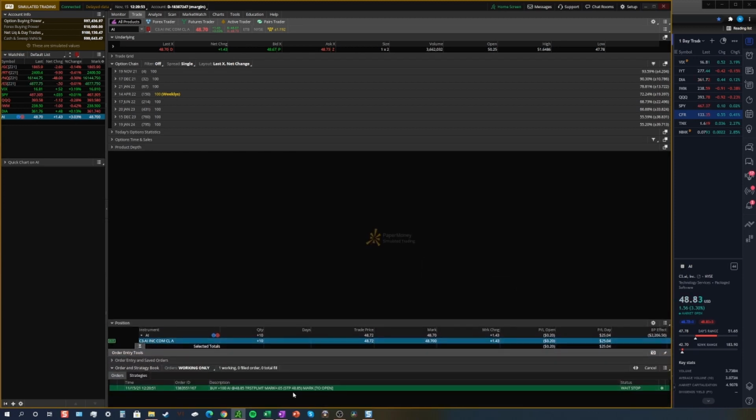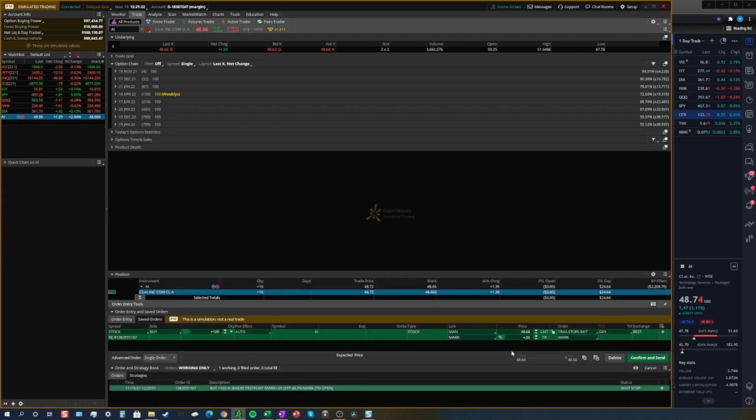So right now the current stop is at $48.85. If the market pushes down here, you'll see this stop, or this trigger, go down. So we'll see if that works. The reason why I don't use this one is it's just not too useful to my trading.